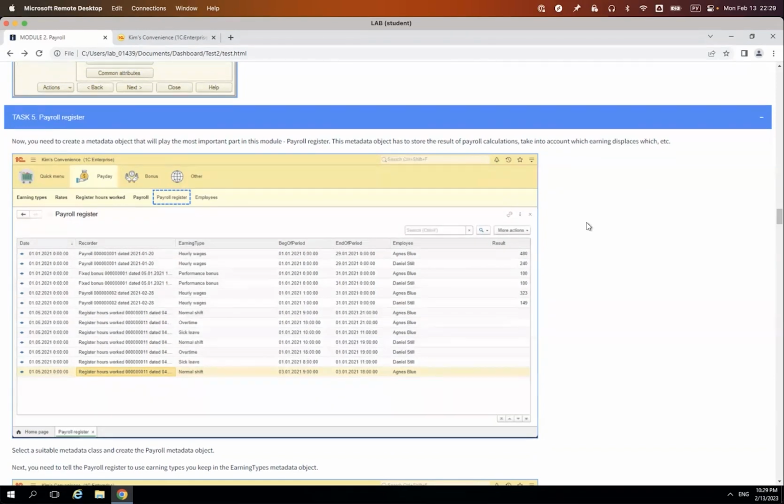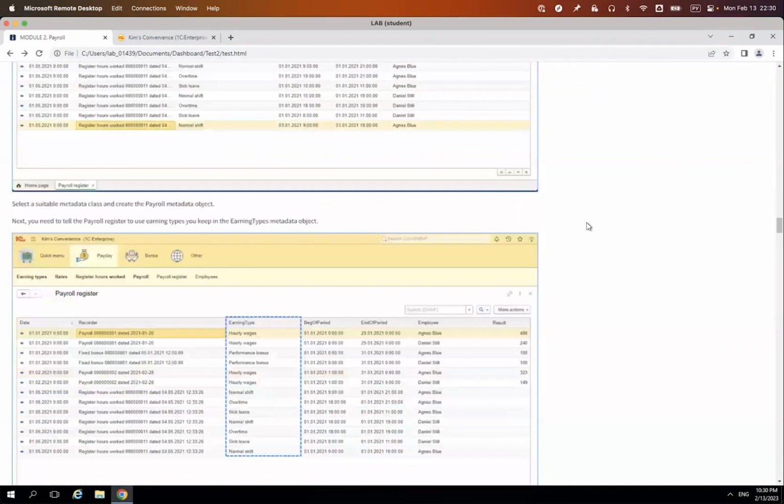We use this register on the one hand to calculate how much we need to pay to a specific person, and on the other hand to remember how much we already paid to him. So this is at the same time the way of calculating salaries and the way of remembering the salaries that we paid to our workers.